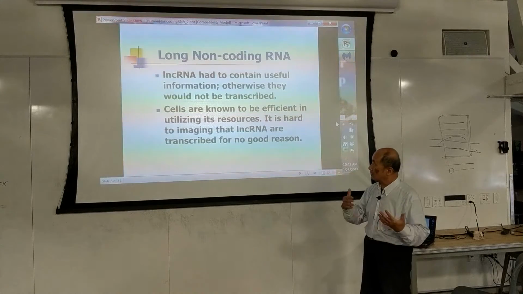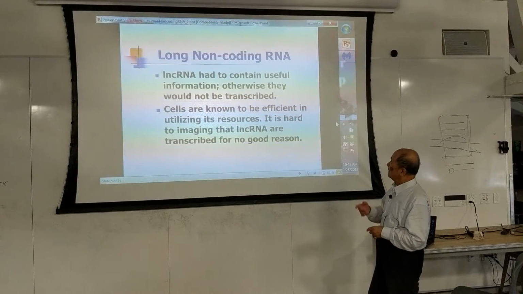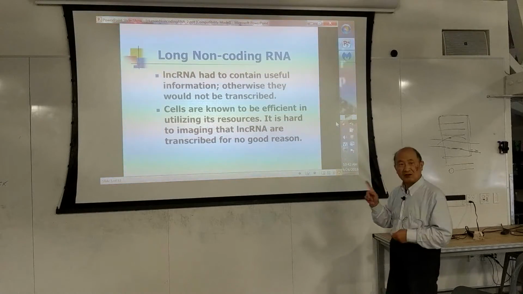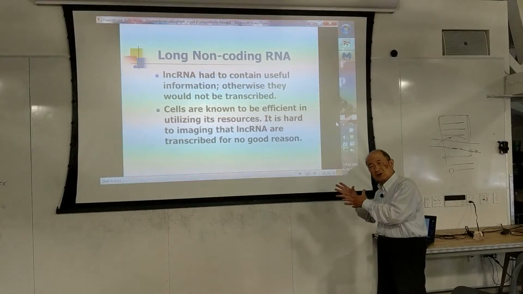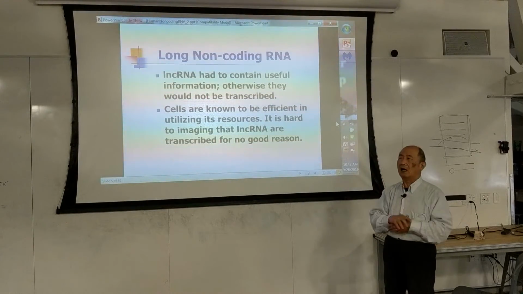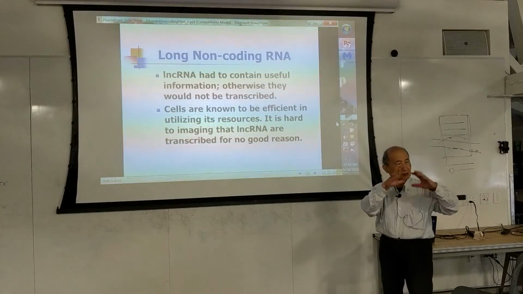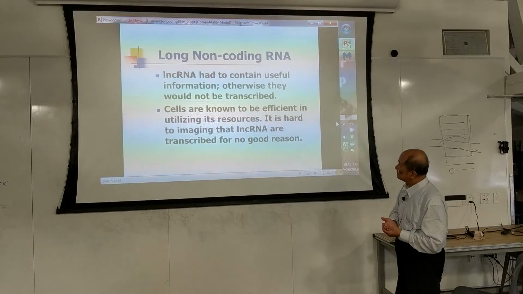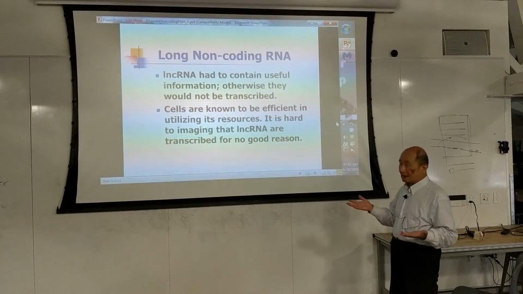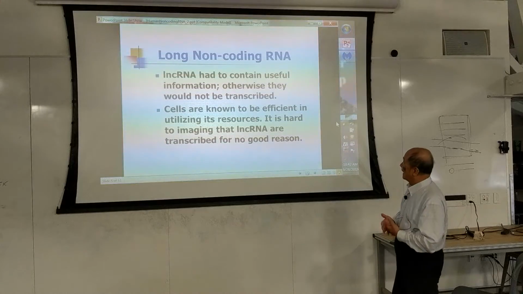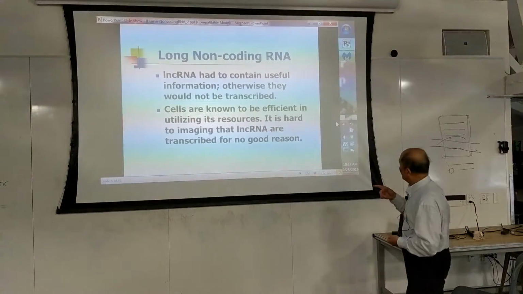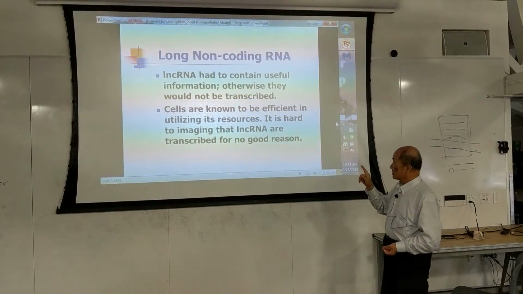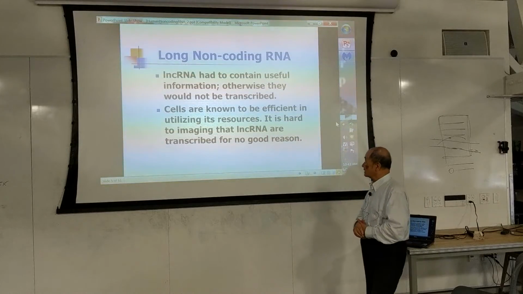Long non-coding RNA has to contain useful information because they are transcribed and then move out from the nucleus to the body of the cell. We don't know what they are doing, but they are there, and cells are known to be efficient in utilizing their resources. So it is hard to imagine that long non-coding RNAs are transcribed for no good reason.